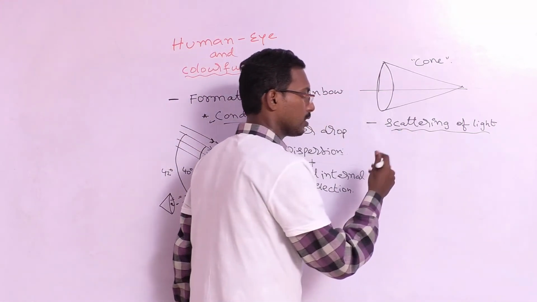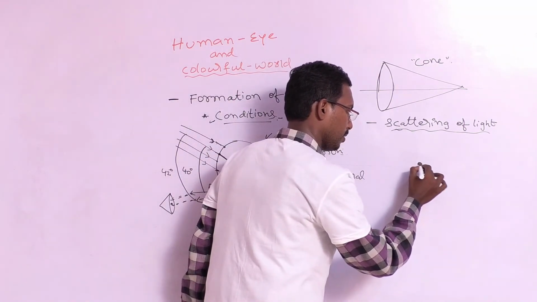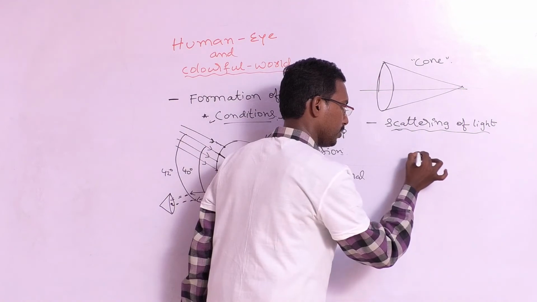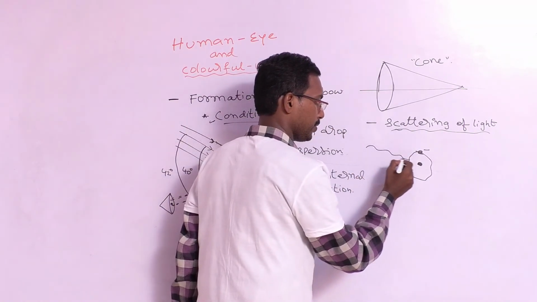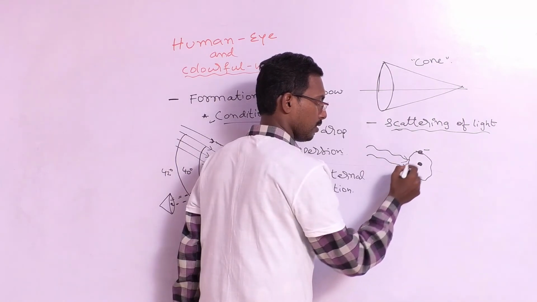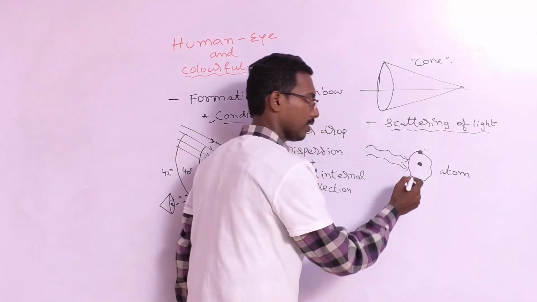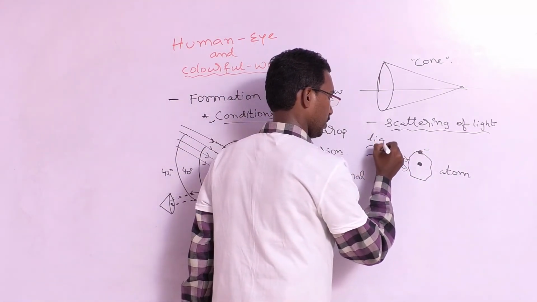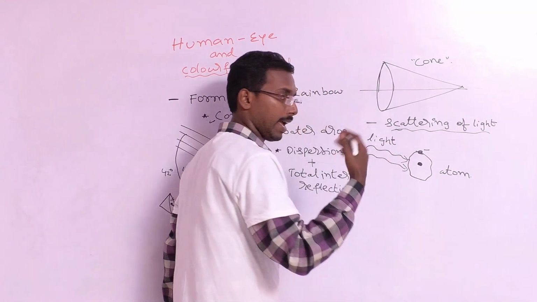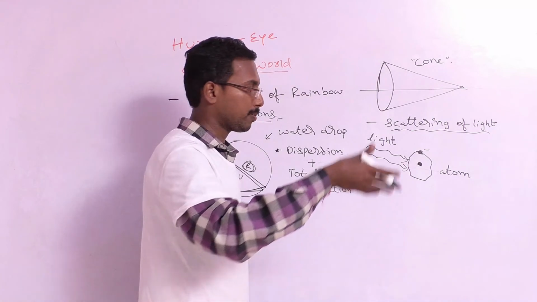In this concept of scattering, very simple, we will take an atom around which an electron is revolving. When we subject some light rays onto the atom, the electron will take this light energy and get excited to higher states, and they will de-excite after some time to the lower state.